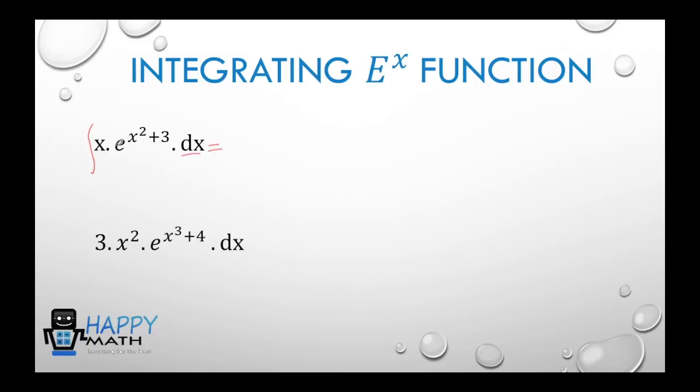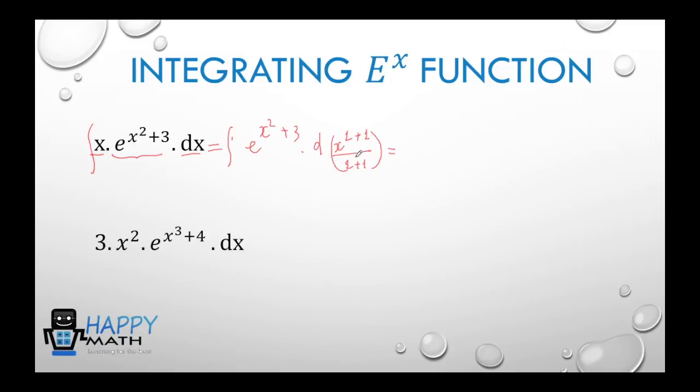So from this function, I will move x from outside of the derivative to the inside of the derivative, and I think you know how to do that. d of x power 1 plus 1 divided by 1 plus 1.